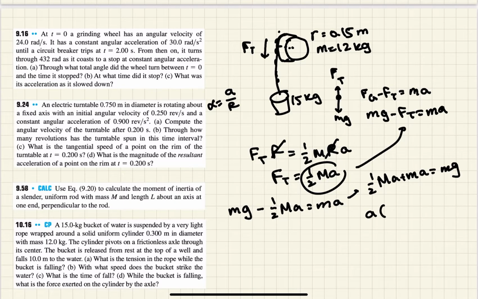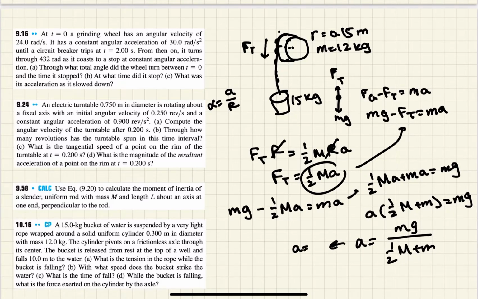And so a times (1/2 M plus m) is equal to mg, or a is equal to mg over (1/2 M plus m). All right, now we know all of this. Lowercase m is 15 kilograms, g is 9.8, uppercase M is 12 kilograms. And so plugging all that in, we're going to get an acceleration of 7 meters per second squared, 7.00.